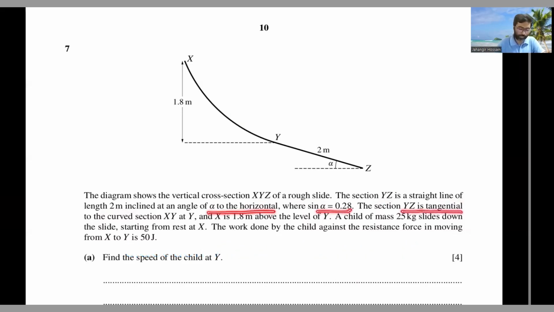The section YZ is tangential to the curved section XY at Y, and X is 1.8 meters above the level of Y. A child of mass 25 kg slides down the slide starting from rest at X. The work done by the child against the resistance force in moving from X to Y is 50 joules.